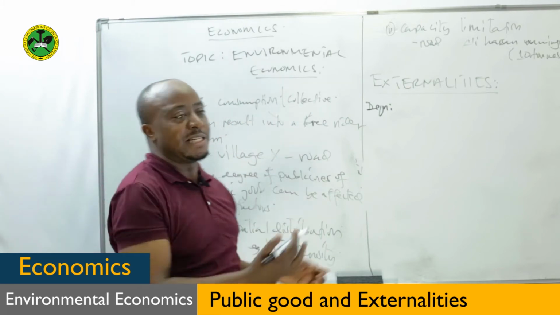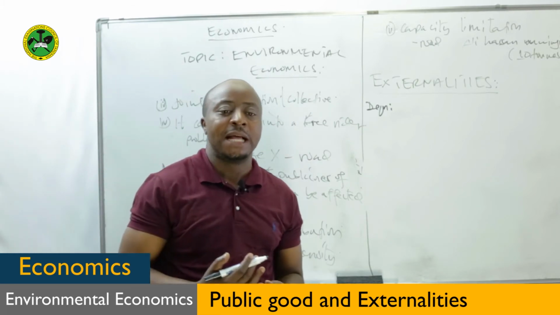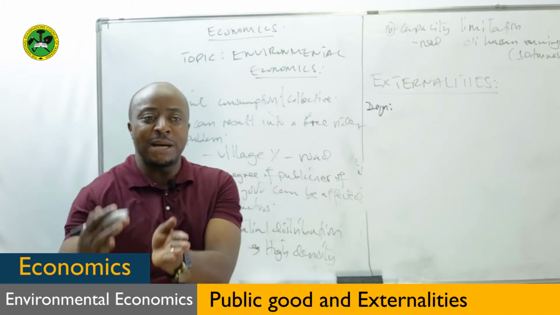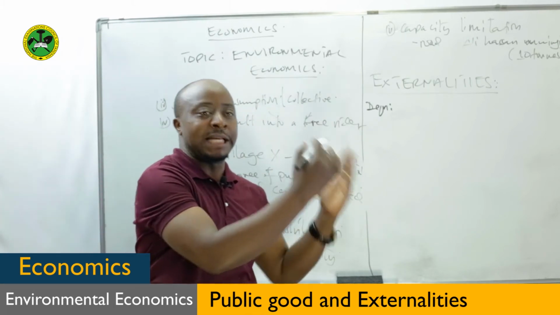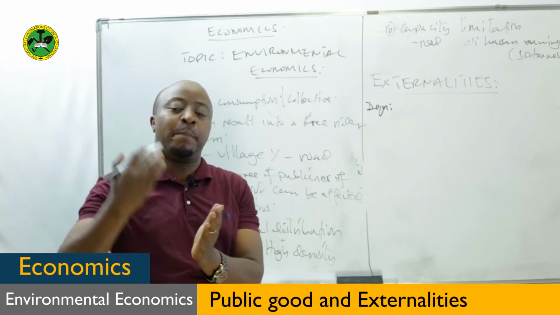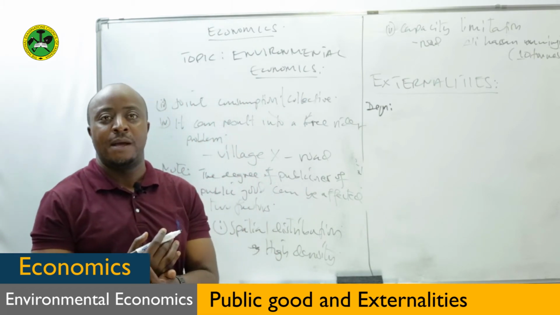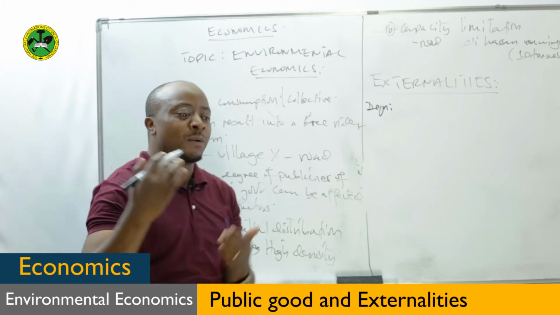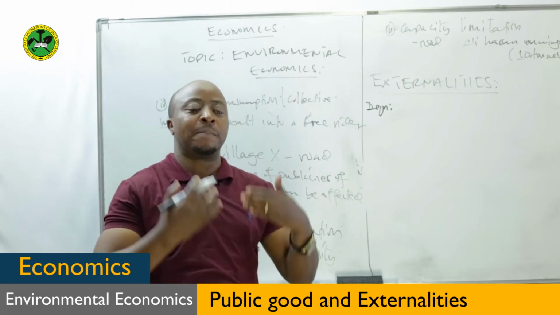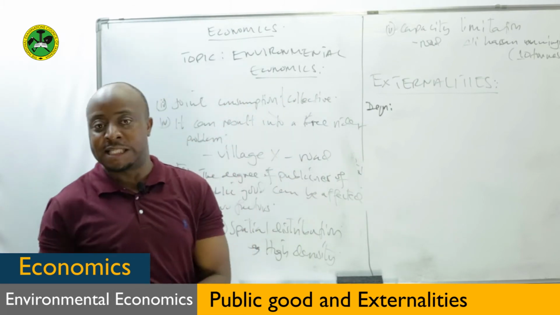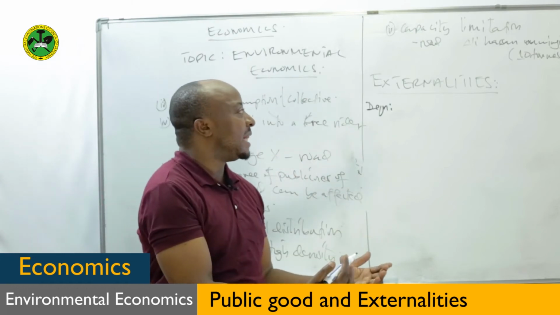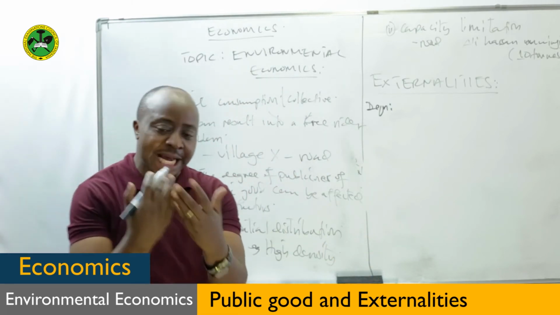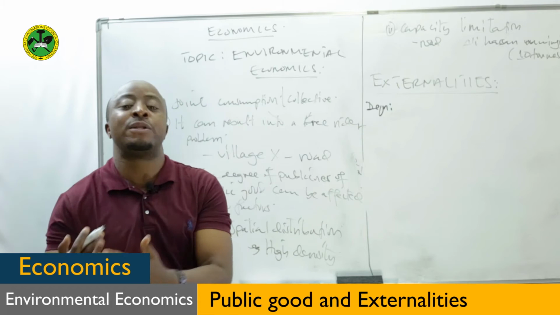Now, these industries, in their operation, might be causing effects to the environment and to the society. Those effects may be positive or negative. That is, we have an industry constructed somewhere, processing and producing goods and services. In the operation, that industry might be producing a negative or positive effect on the society.